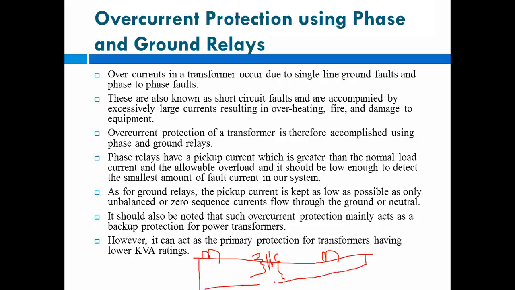Okay, through there is a restraining coil and operating coil. Suppose this one is the restraining coil. So three phases are there. So here they are connecting one relay. So if it is phase to phase fault, then the relay will be connected between the phases, and if it is earth fault, then relay will be connected here. Okay.